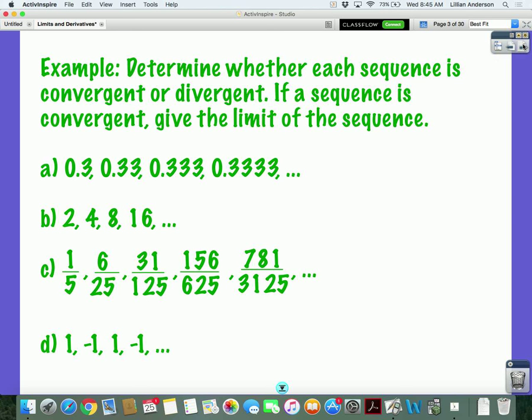Okay, let's look at the first one. We have 0.3, 0.33, 0.333, 0.3333, and so on and so forth. Would you say that this sequence is convergent or divergent?